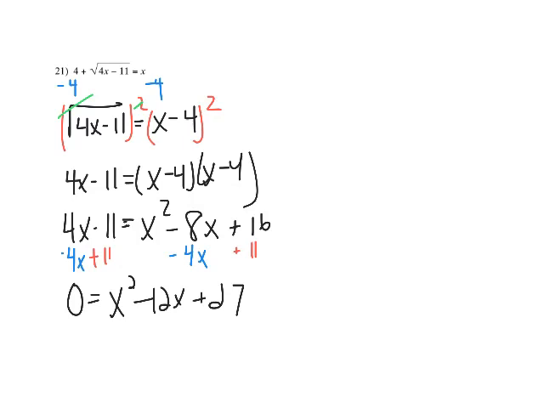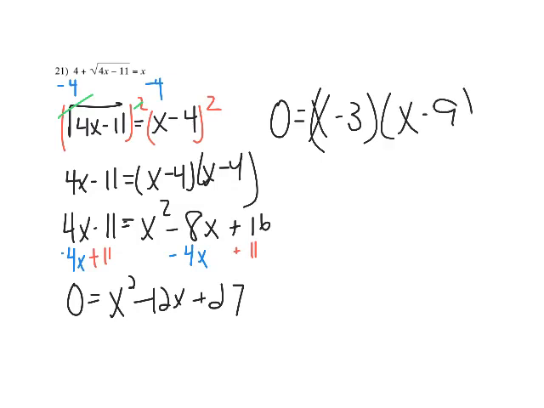And negative plus negative is a negative. So those two numbers are, how about negative 9 and negative 3. So 0 equals x minus 3 and x minus 9. So of course we get x equals 3 and x equals 9.